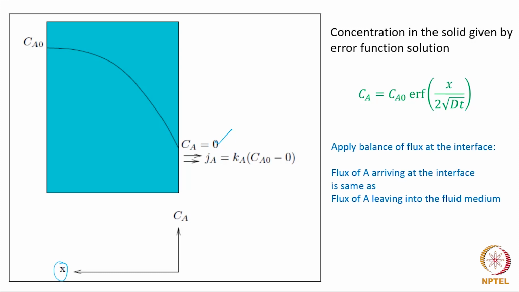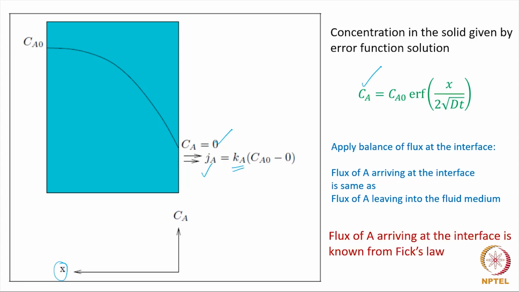And so we can now say that the flux of A arriving at the gas-liquid interface is the same as what is leaving into the fluid medium, and vice versa, which means that the flux evaluated by looking at the gradient of the composition profile can also be equal to the flux evaluated using the mass transfer coefficient.